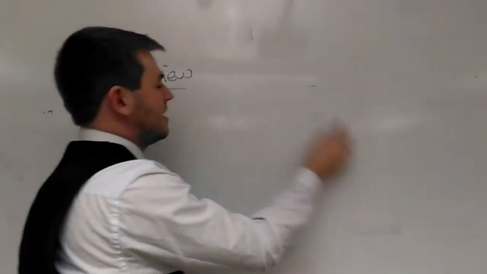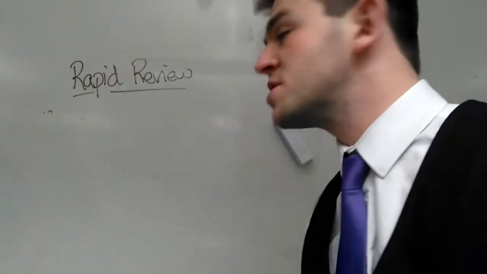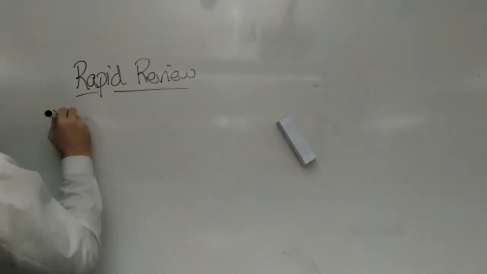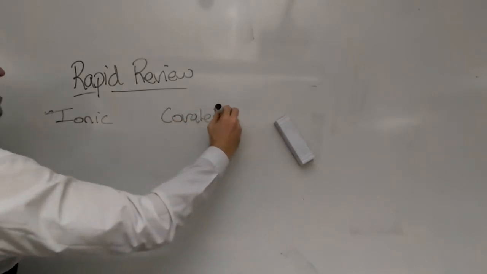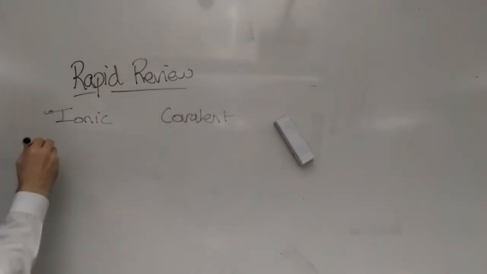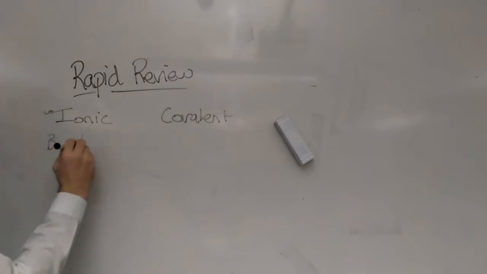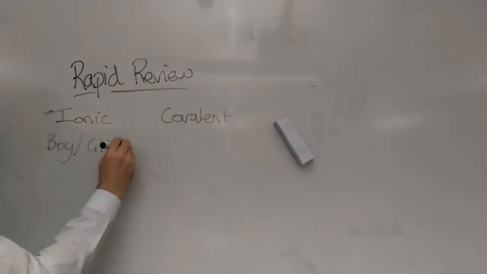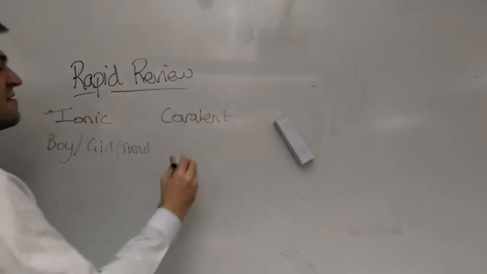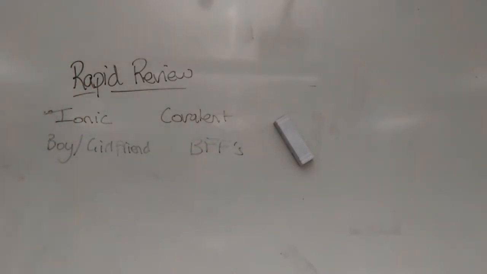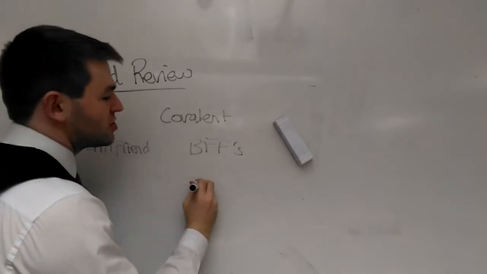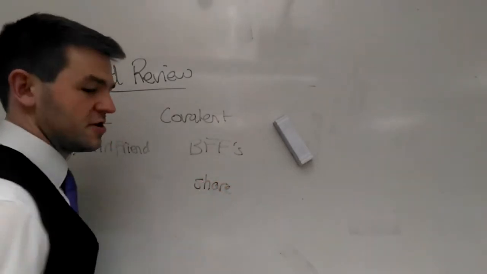There we go. And we have those 2 types of bonding: the ionic bonding and the covalent. Now you remember in class, I described ionic as being like boyfriend and girlfriend, and I described covalent as being like BFFs, best friends, because these have the option of sharing electrons.